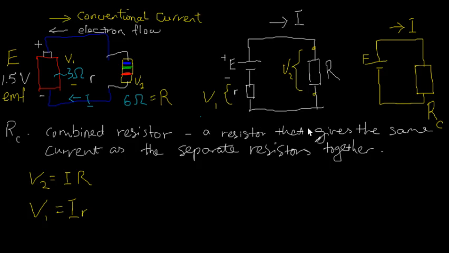Now, no work is done along the copper wire. We're going to assume that it's so small that we can forget about the resistance in the copper wire compared to the R, big R and small r.